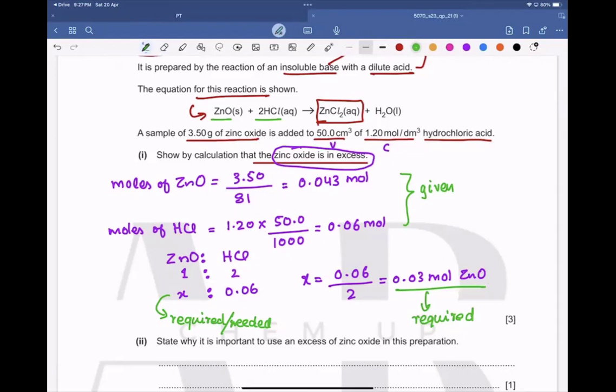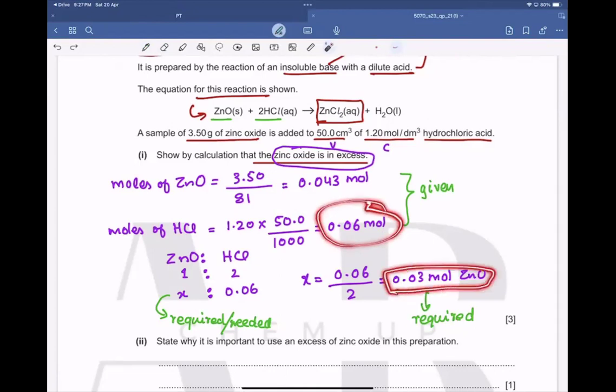You can compare them with the mass as well, but you can compare them with the moles as well. It's up to you. So see, how many moles are given to us for zinc oxide? And how many moles are actually needed? 0.03.